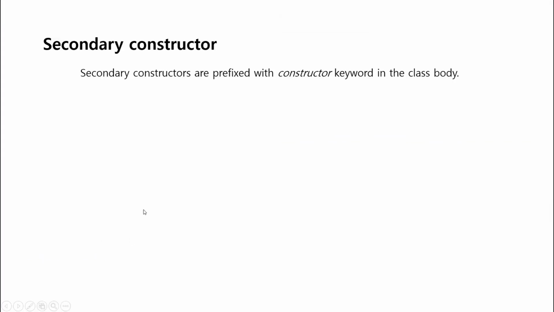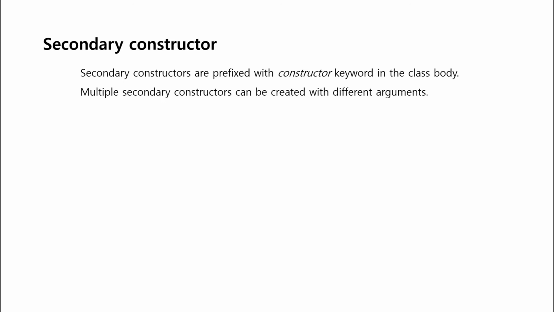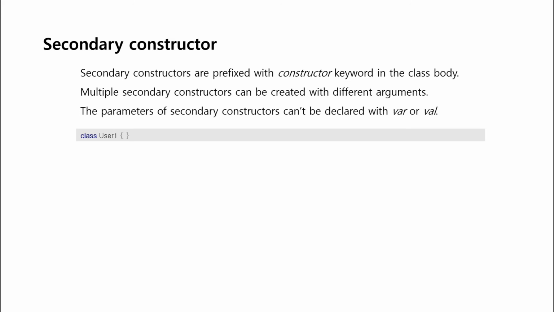Next, let's see the secondary constructors. Secondary constructors are declared with the constructor keyword in a class body. We are able to have multiple secondary constructors with different parameters. The secondary constructor's parameters can have the var or val keyword. Let's see the first sample code. This class doesn't have any constructor declared, so the compiler will create a default primary constructor.